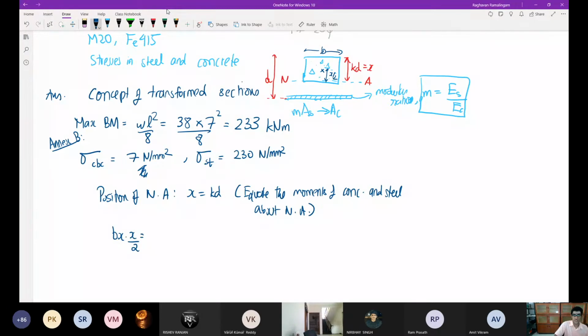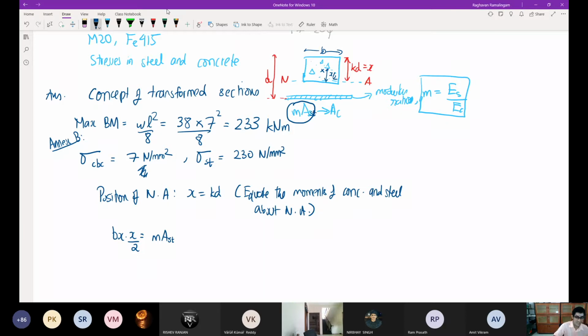This should be equated to the equivalent area of the steel. Because of the modular ratio, the equivalent area of steel is m into Ast, or as, anything you can use.